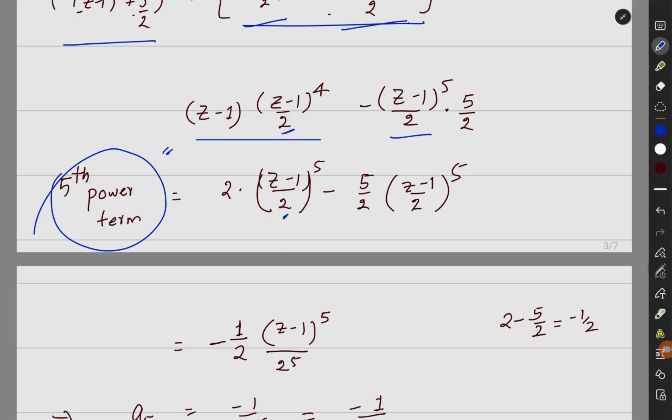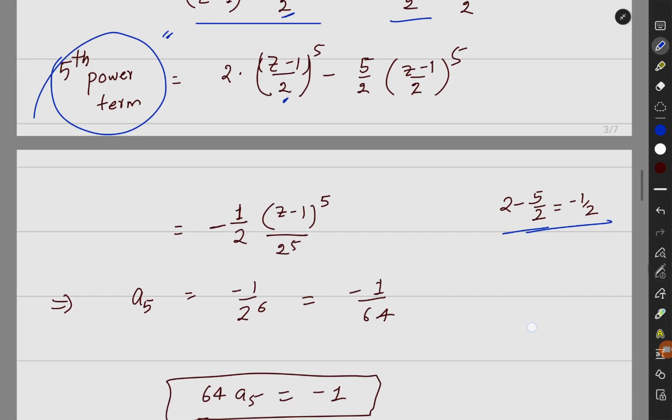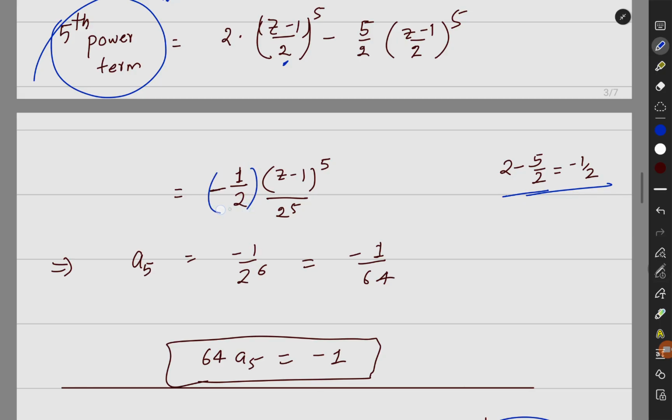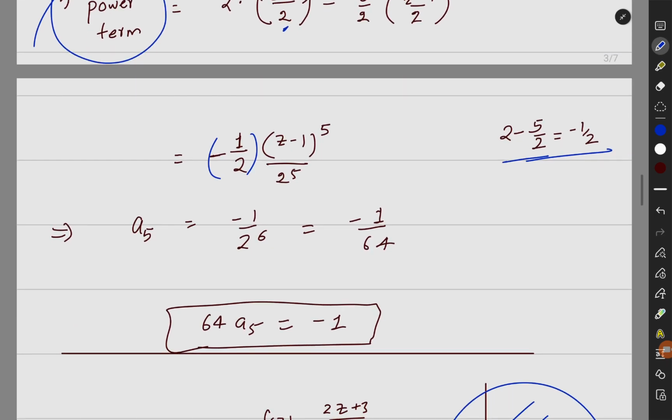Now 2 minus 5 by 2 is common in one bracket, and in the other bracket it is (z minus 1) to the whole power 5 divided by 2 power 5. So this is minus 1 by 2 in the first place. So from here we see that the fifth degree power term has coefficient a5 equal to minus 1 divided by 2 power 6, and thus we have found the same thing, 64 times a5 is equal to minus 1.